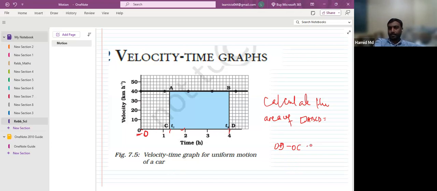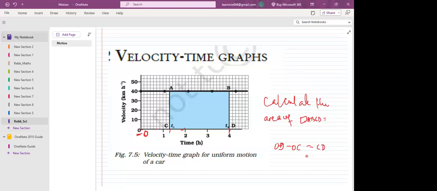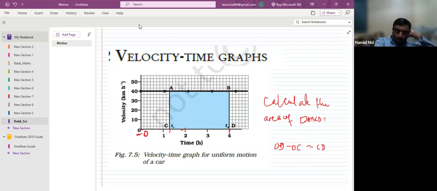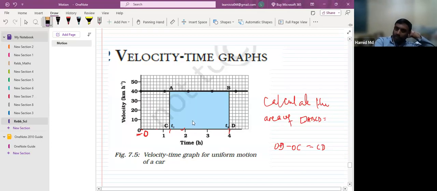Clear? No, OB, OB minus OC. OD is not OB. Sometimes my pen behaves in a different way.